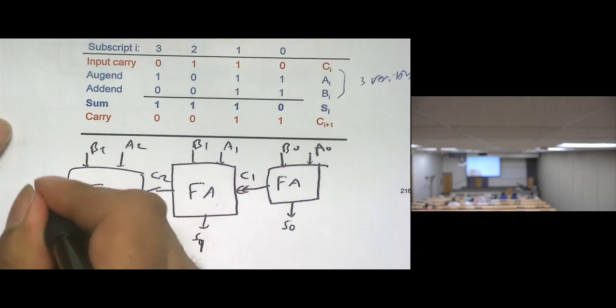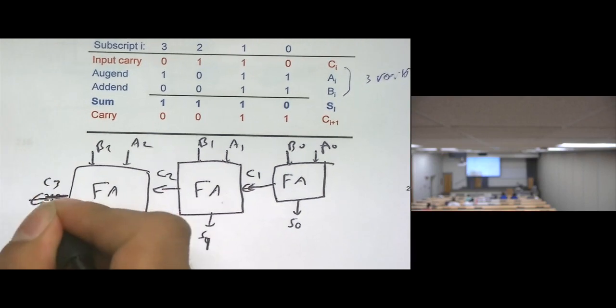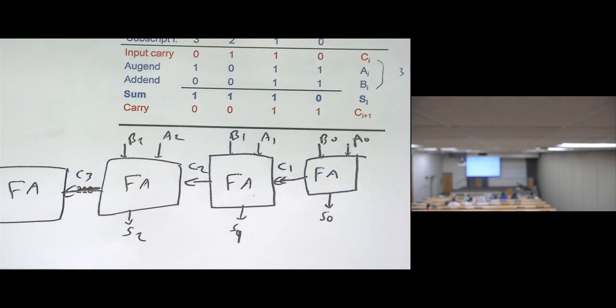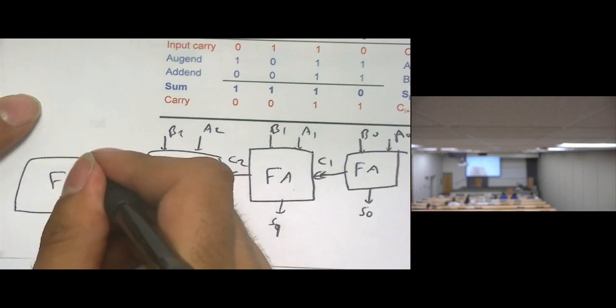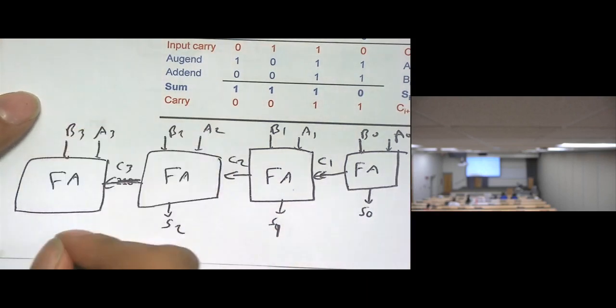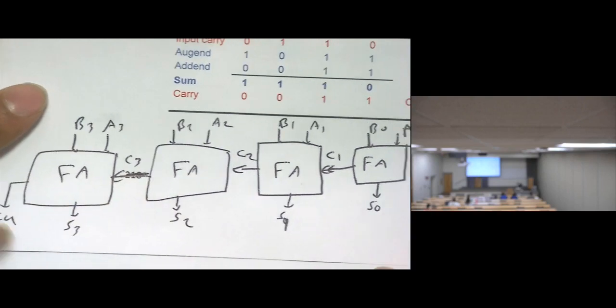Then here is C3. Here is S2. Then full adder. Then we'll have A3, B3, S3, and here is C4.